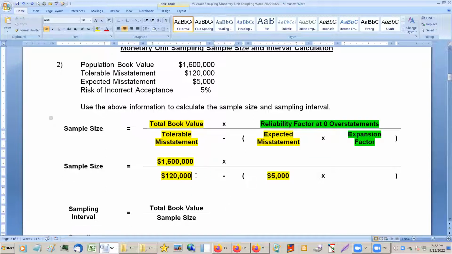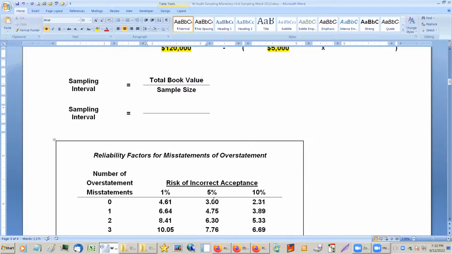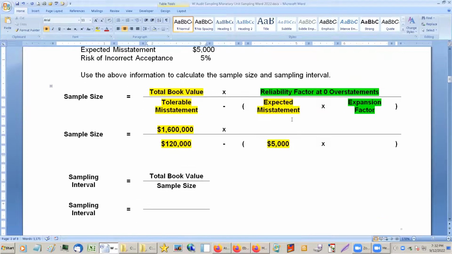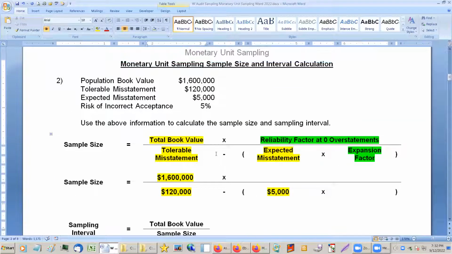Okay, so we have those. Now we need to find the other ones. All right, coming down here. We need the reliability factor at 0 overstatements. And we need this too.